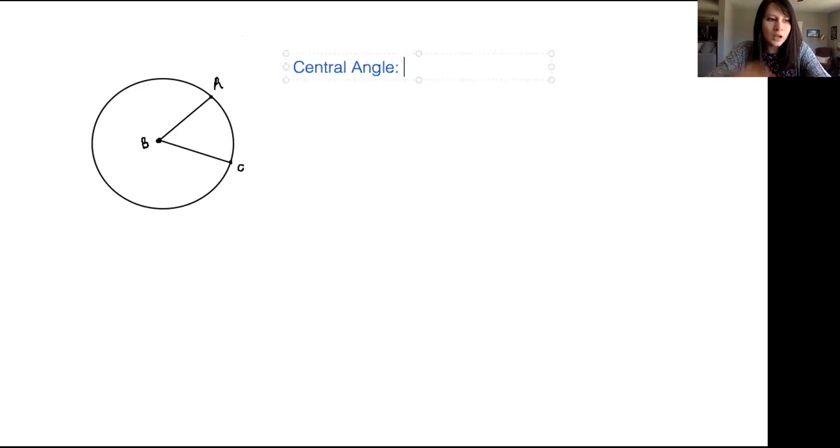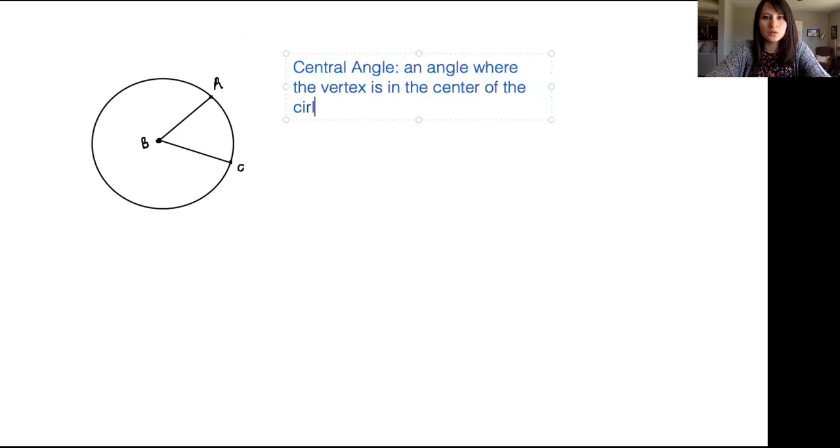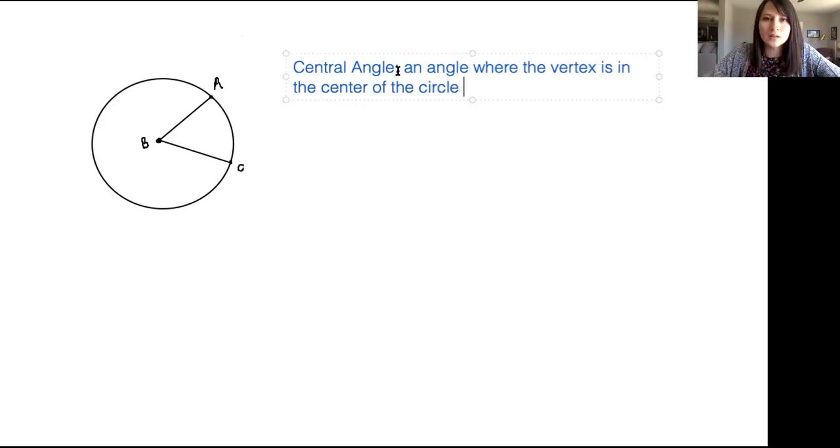It is an angle where the vertex is in the center of the circle. So pretty straightforward with this picture and also the name of the angle, right? Central angle coming out from the center.